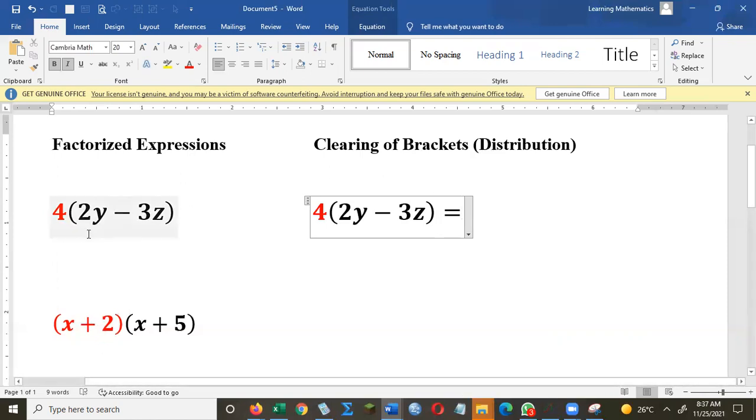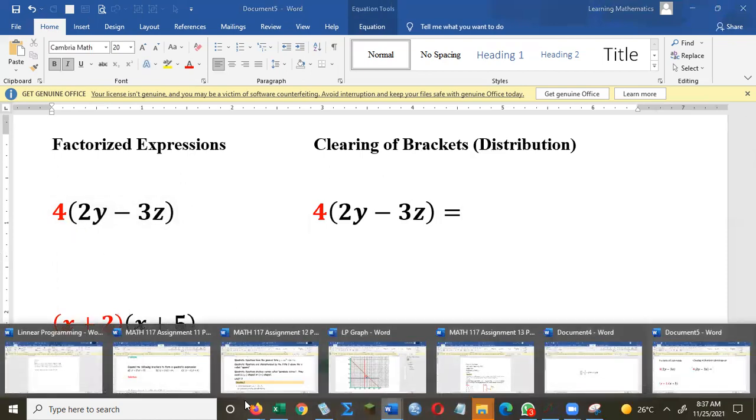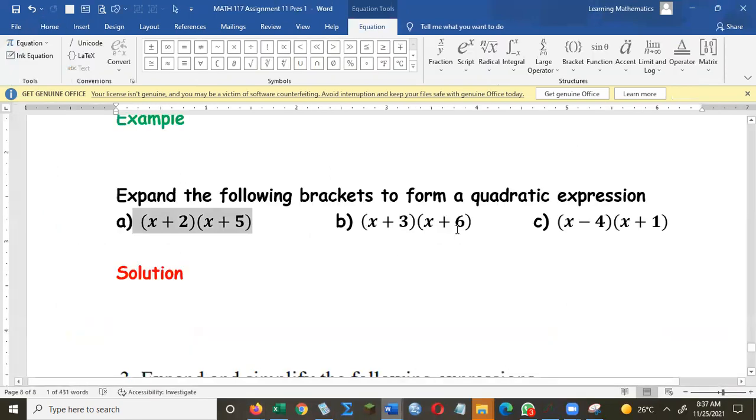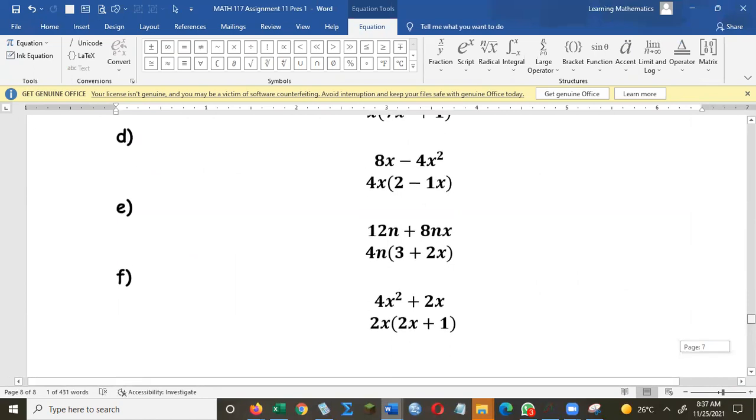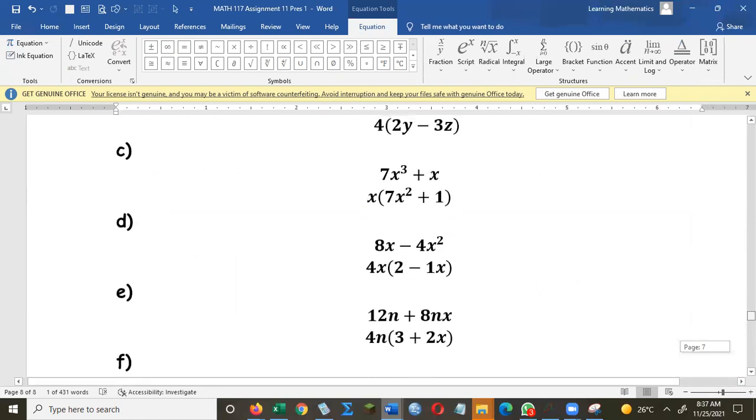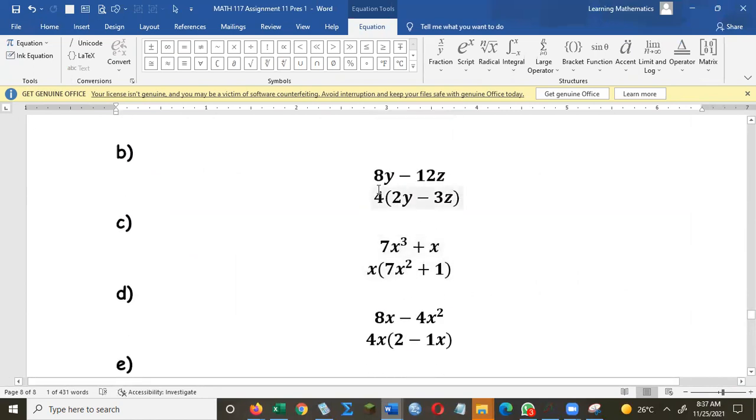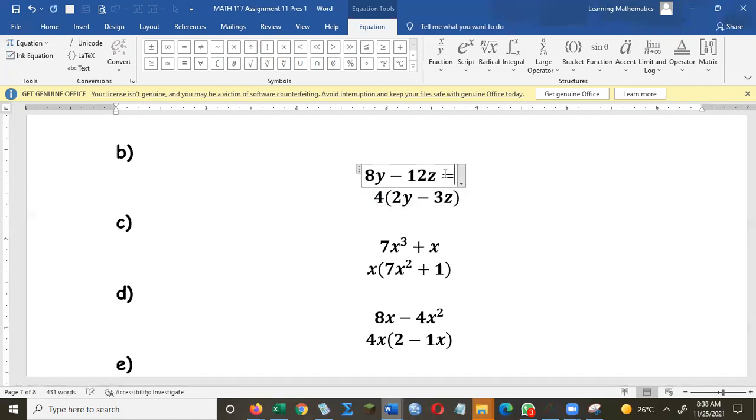To get it right, we're going to clear the brackets to get back the original expression exactly. So if we clear this bracket, we're supposed to get that back, isn't that so? Very well said. Because you're thinking of what you know.